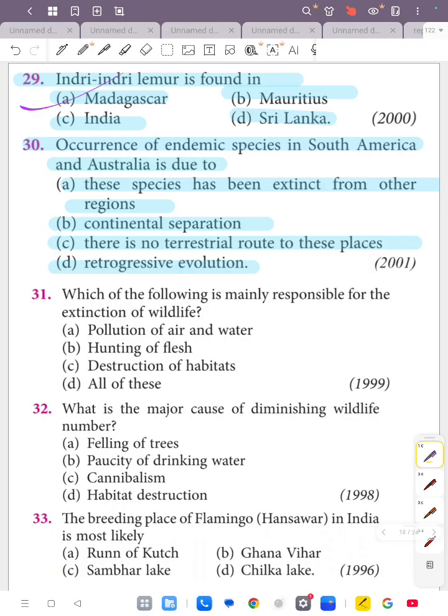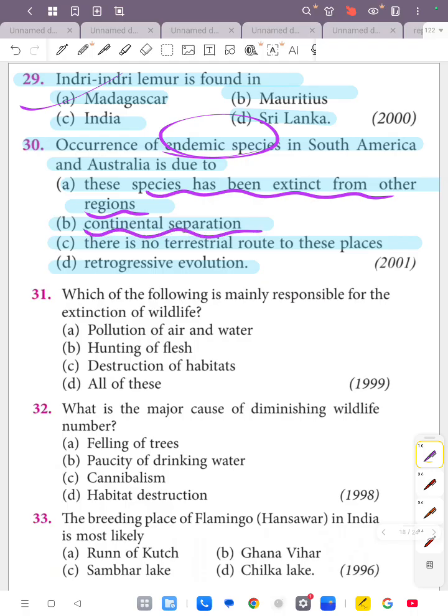Now, occurrence of endemic species, these rare species which are not found anywhere else in the world, majorly in South America and Australia, is due to, like in Australia where we have Australian marsupials, right? Why are these endemic species so common in South America and Australia? Is it because these species have been extinct from the other regions? Or is it because of continental separation?